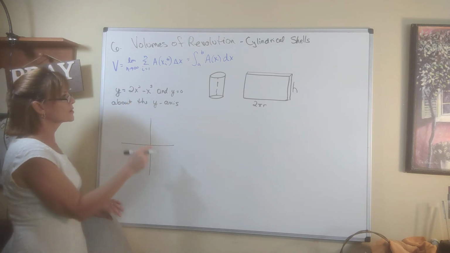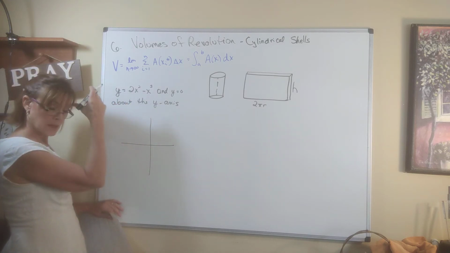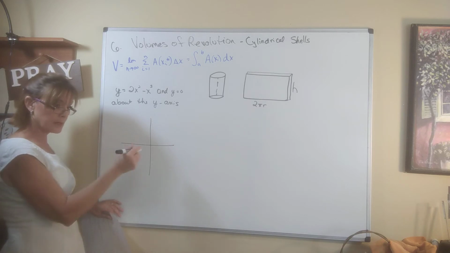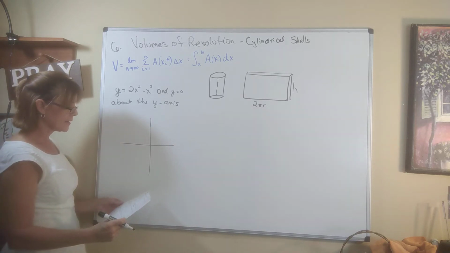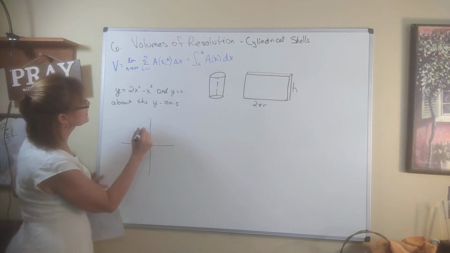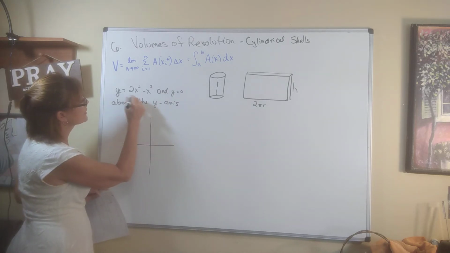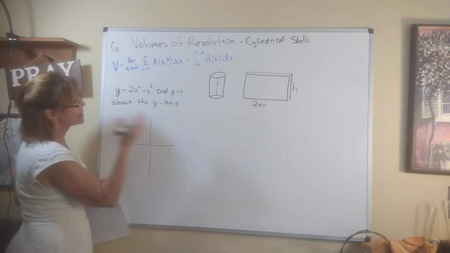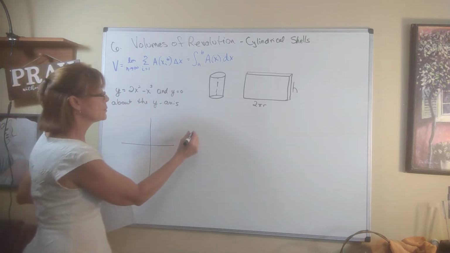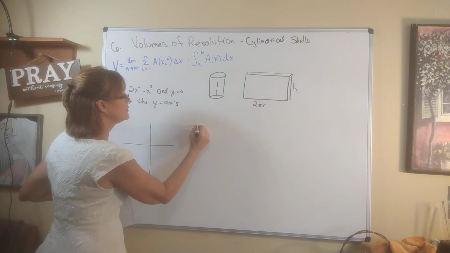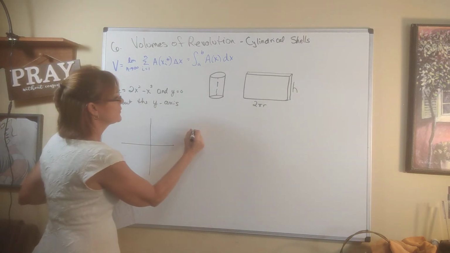This is a cubic function, and it's a negative cubic, so it's going to look kind of like this. You can factor to get an idea of this. You can put this in a calculator, you can just plot points. I'm going to think about this as a polynomial function.